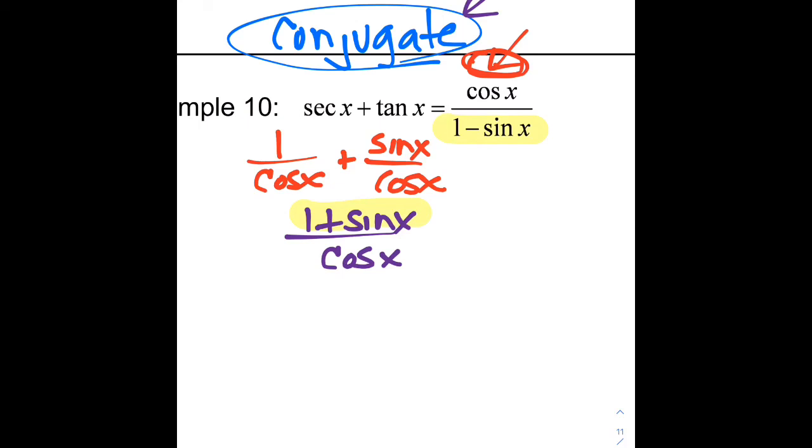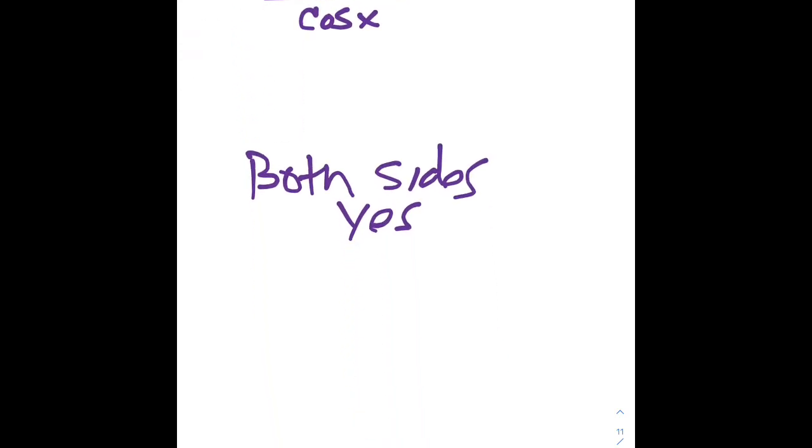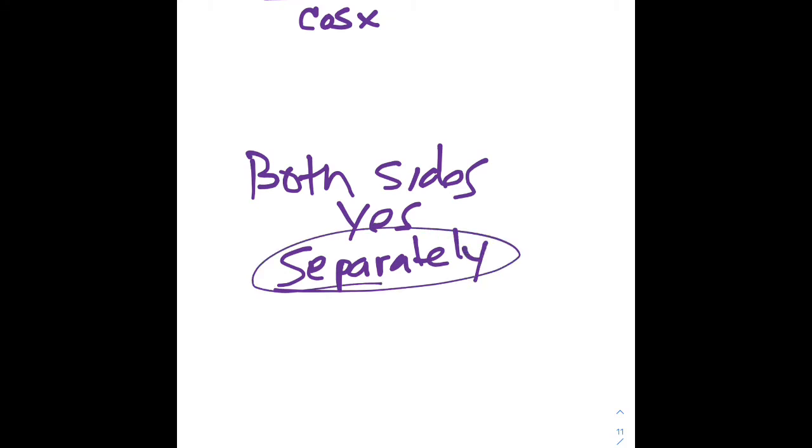So I'm going to be fair, friends. At this point, you could, if you wanted to, start with the right side and make it look like the left. It's just going to be my work backwards. And some kids have asked, can I work on both sides? And the answer is yes. You can work on both sides. You can make the left look like the right by working on them, and what I want to be clear, separately. It is valid to work on both sides separately.